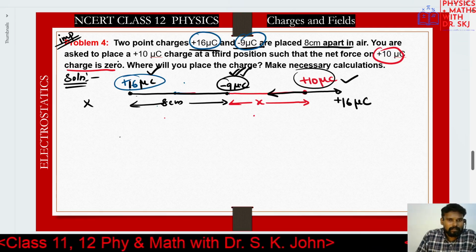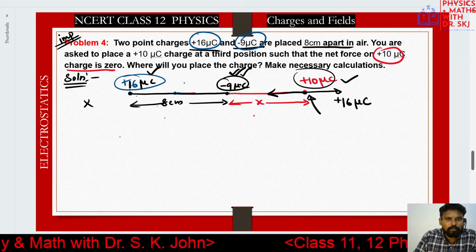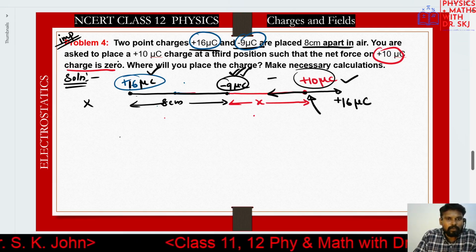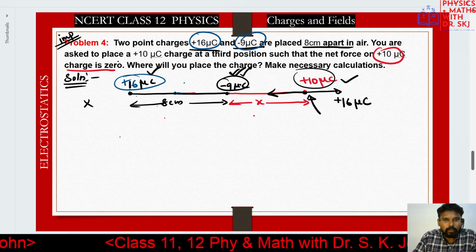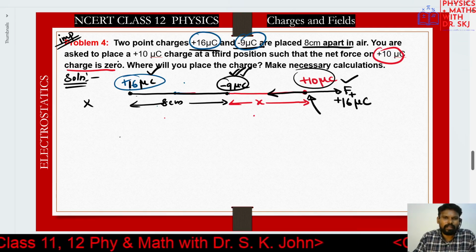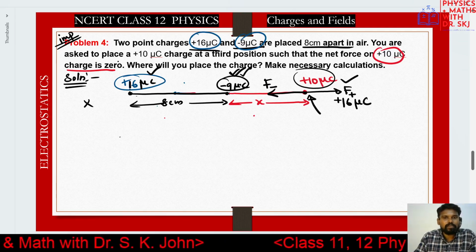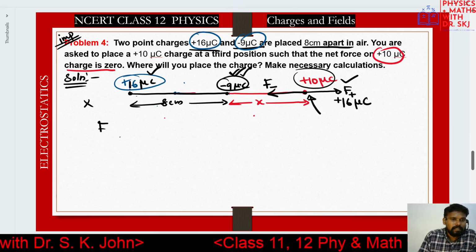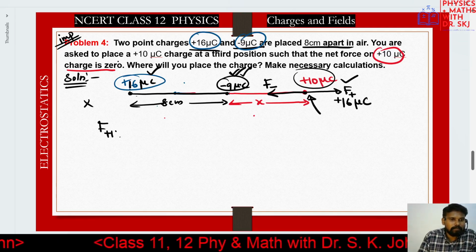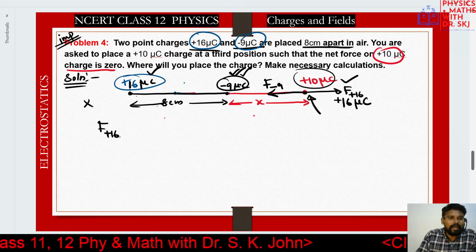Okay, so let us do the calculation. Now the net force on this should be 0. For that, the force due to the positive charge, let me write F plus 16, and the force due to the negative charge, F minus 10, should balance.